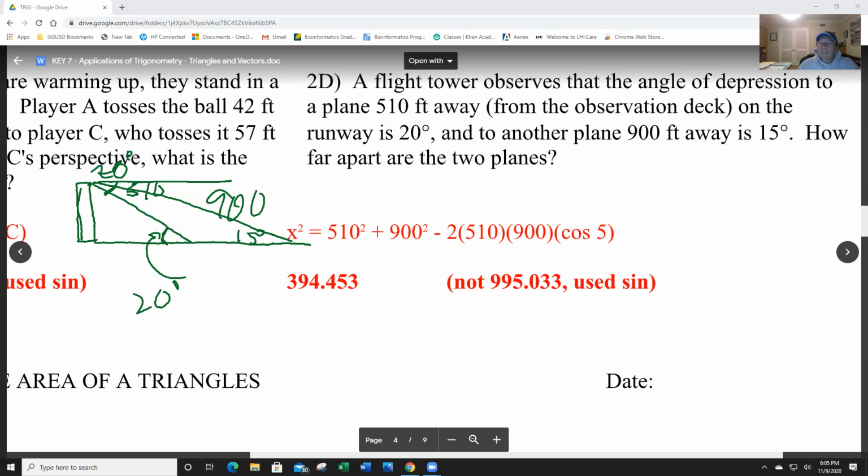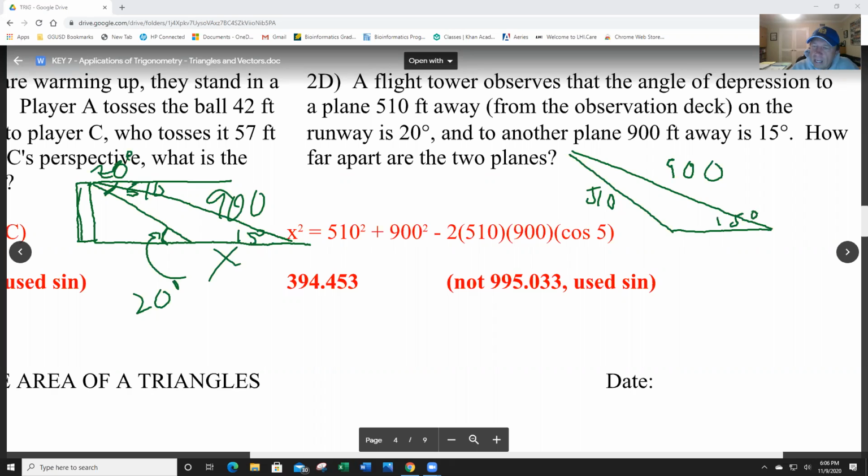Okay. So I'm going to redraw the triangle that we're interested in. They want to know how far apart these planes are. The triangle they were interested in, I'm going to put it on the right side here, is this one. This one's 900, okay? This is 510, okay? Okay, this is 15 degrees.